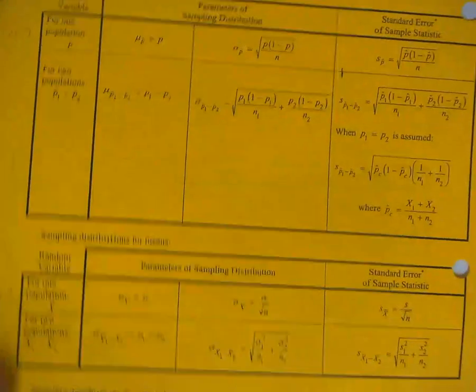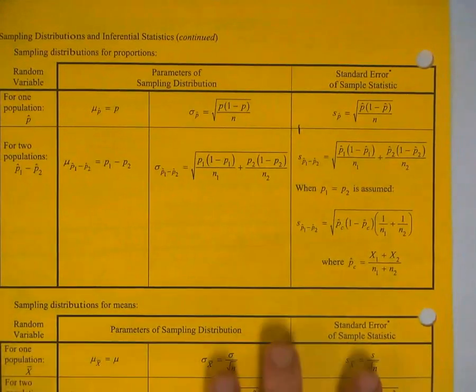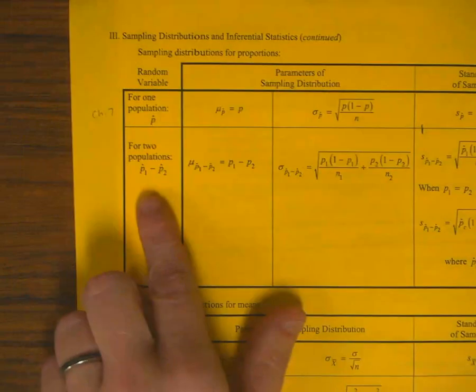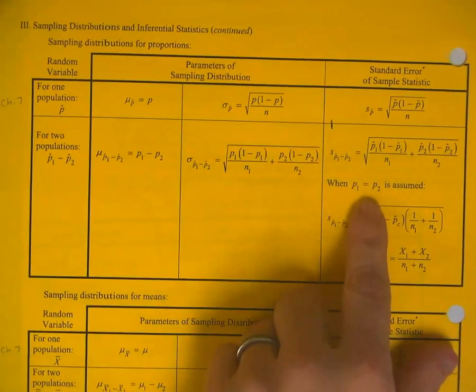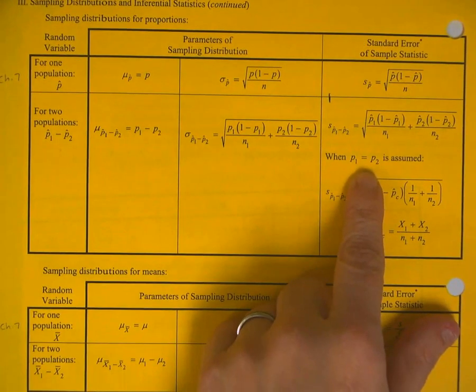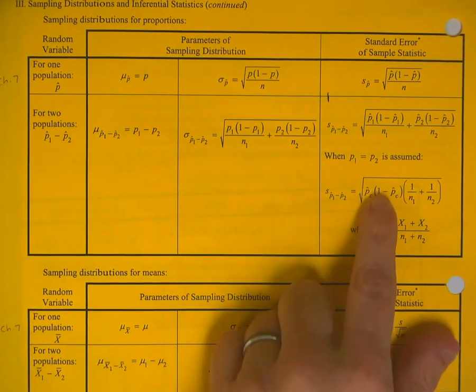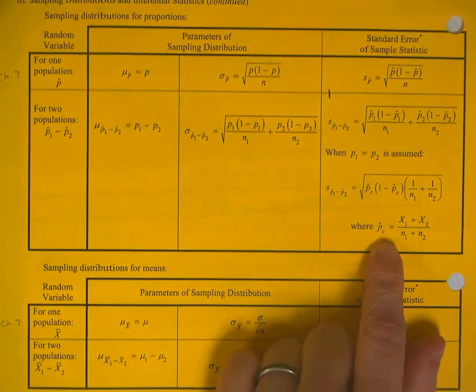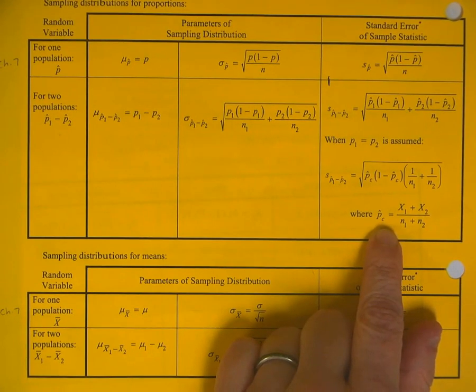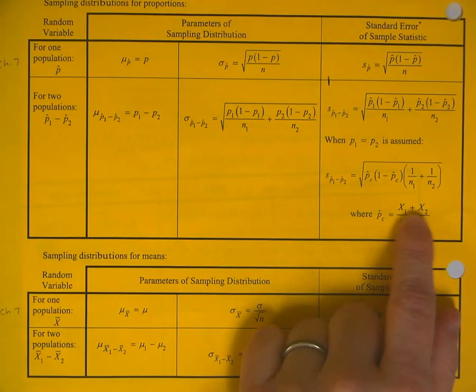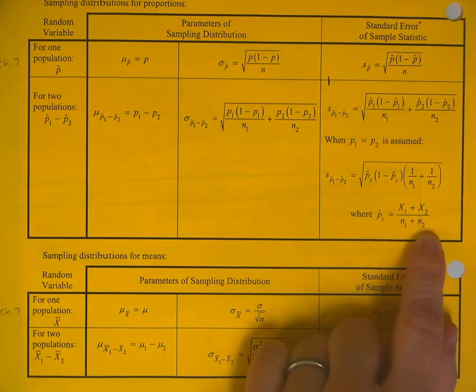Okay, here on the back of your formula sheet, when you're dealing with two populations and you're assuming that population proportions are equal to each other, here is the formula that is right there in the notes. Essentially, you're just going to add the number of successes from each population, that's what that capital X is, and put it over the total sample size.